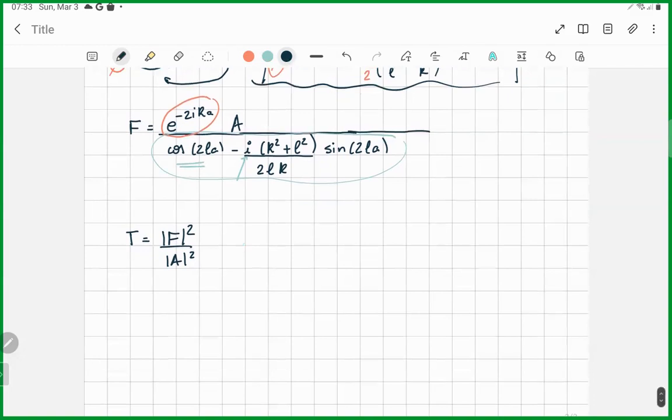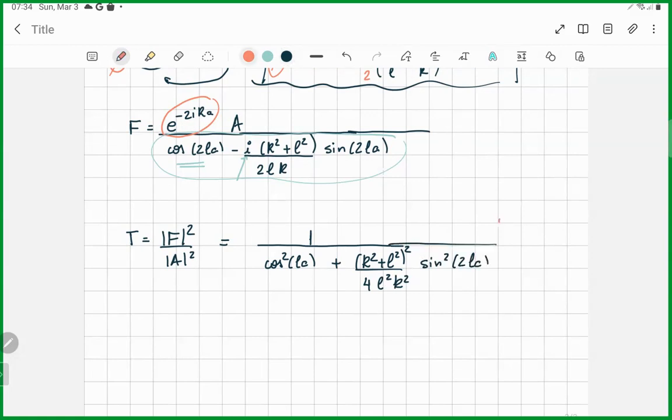So this transmission coefficient will be 1 over cosine squared of 2LA plus K squared plus L squared, divided by 4 L squared K squared, times sine squared of 2LA. So this is where we wanted to arrive.